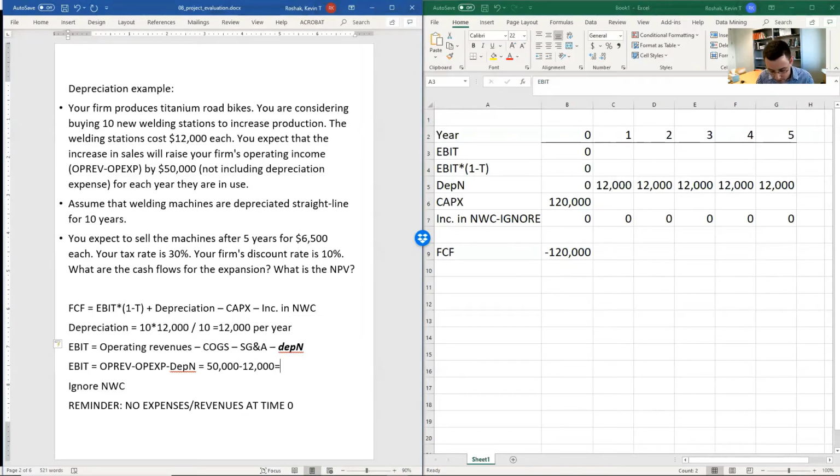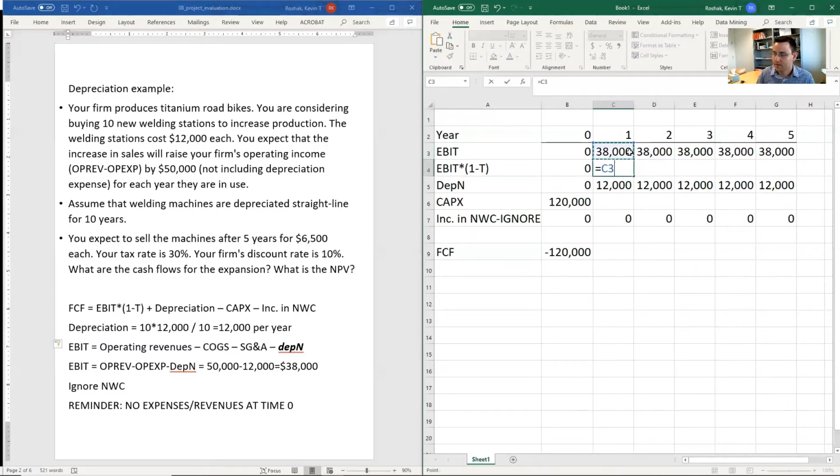We get $38,000 in incremental EBIT because of this purchase. Again, that happens as long as we own the machines out to time 5. So what's EBIT times 1 minus T? Well, it's our EBIT times 1 minus our tax rate, and our tax rate is given at 30%. So you get about $26,600 each year in your NOPLAT, right? Your net operating profit less adjusted taxes.